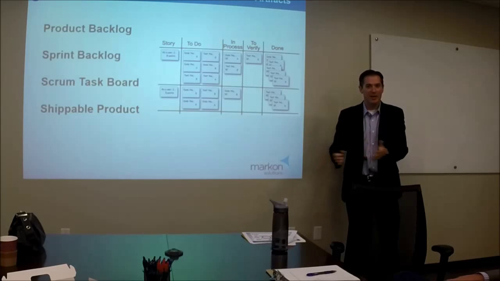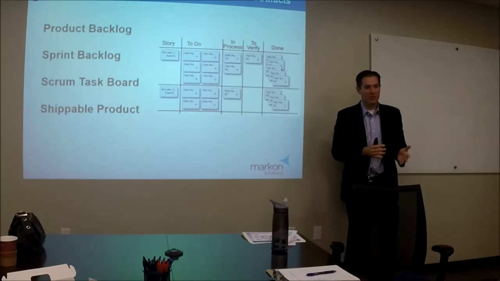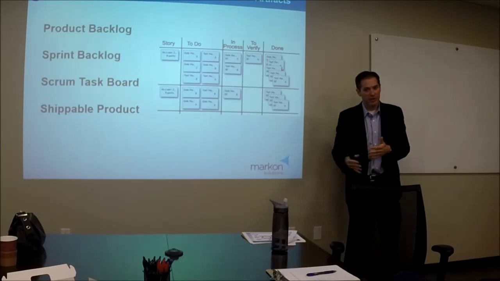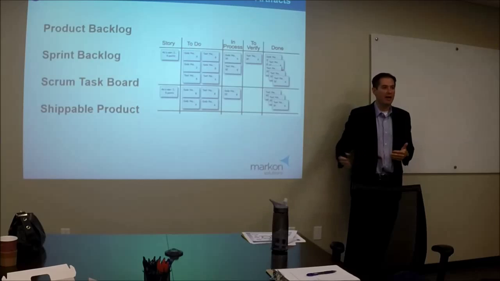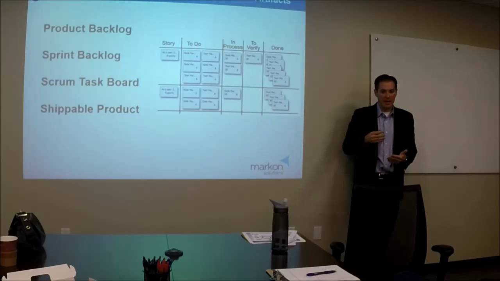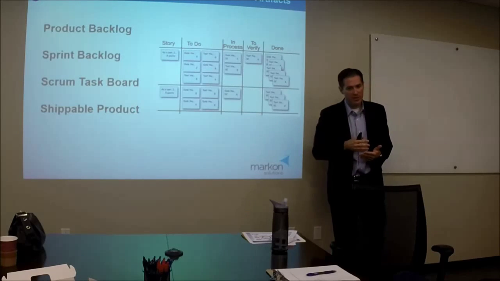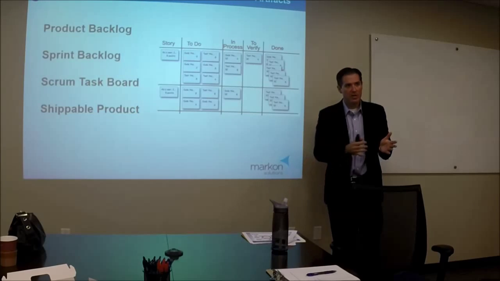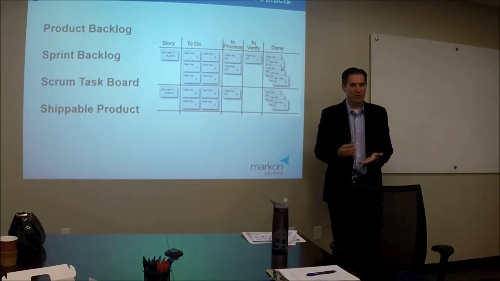You could say, well, it's partially done. Okay, well, then you're still doing it. To do, doing, done is a really cool concept. I don't know that it's an Agile concept, but it's a concept that follows Scrum. I track all my work as to do, doing, done, all the work on the team.